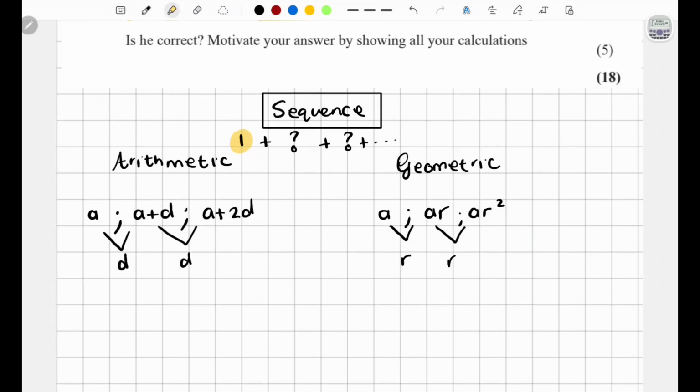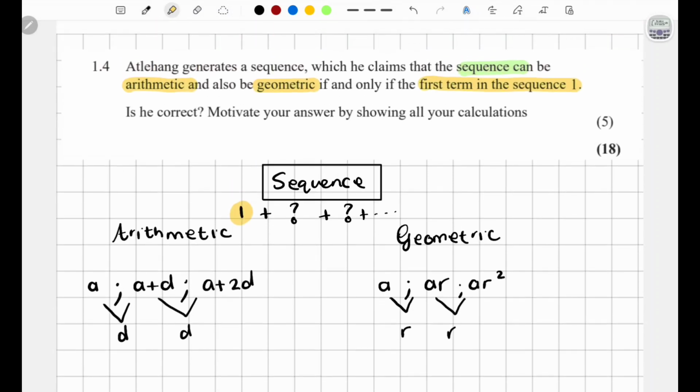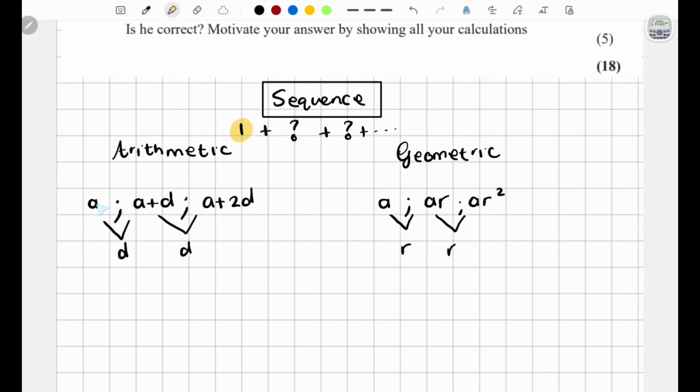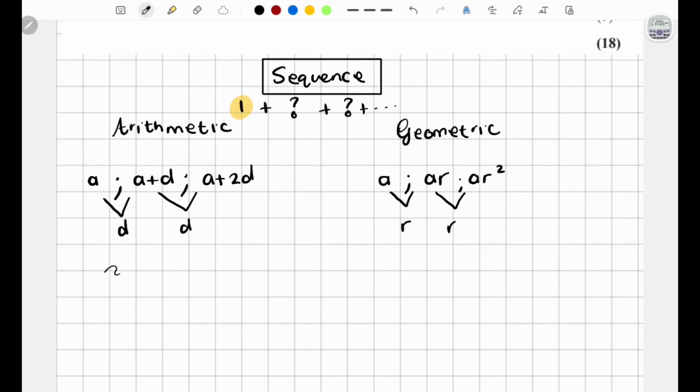But the thing is, they told us what A was. They told us the first term is 1. So let's replace A with 1 in all of these. Our arithmetic sequence looks like this: 1, then the next term is 1 plus D, and then the next term is 1 plus 2D.